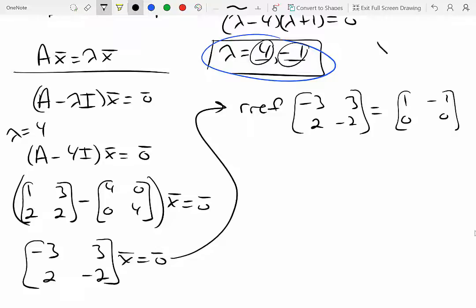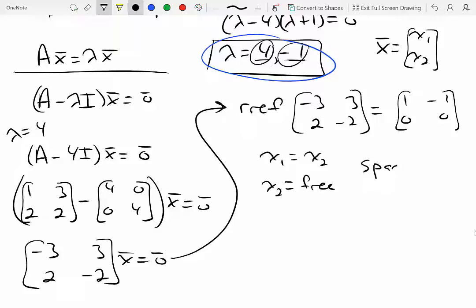And since my vector x is in R2, I think of it as being x1 and x2, and so I solve it by looking at x1 and x2. x2 is a free variable, x1 is equal to x2, and so that implies that my solutions are the span of 1, 1.